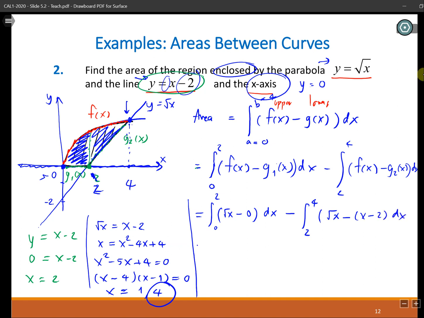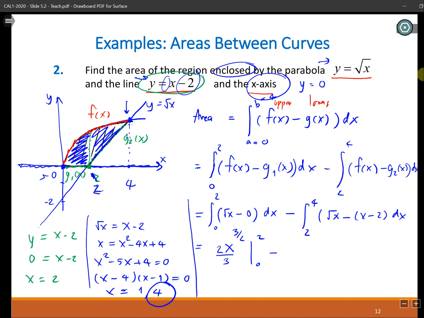So let's integrate this. Let's integrate x to the power of 1 over 2. So this is going to become x to the power of 3 over 2, and we have to divide by 3 over 2 to this term. So this becomes 2 over 3, evaluated at 0 and 2. Minus, let's integrate what's inside here.